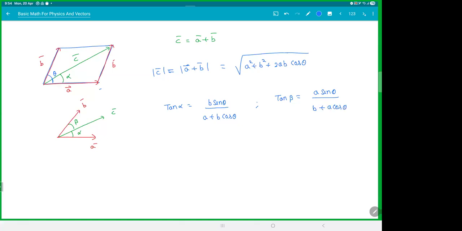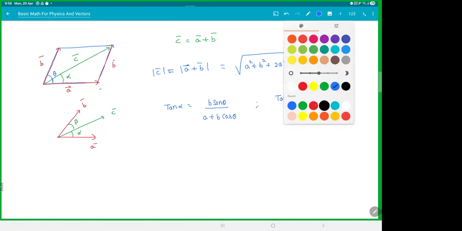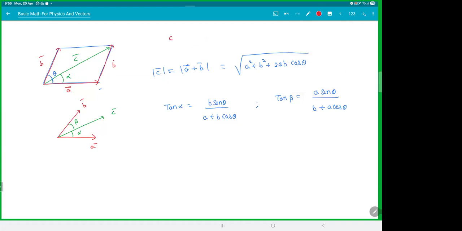So C bar is the resultant vector. The resultant vector of A bar and B bar is C bar. When you add the vectors A bar plus B bar, be careful, we are not adding A and B, we are adding two vectors.